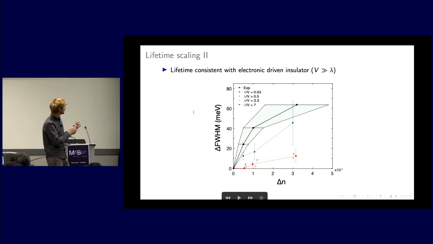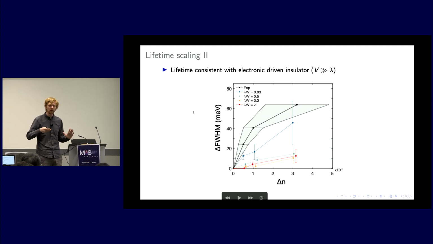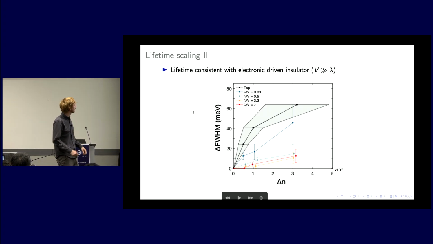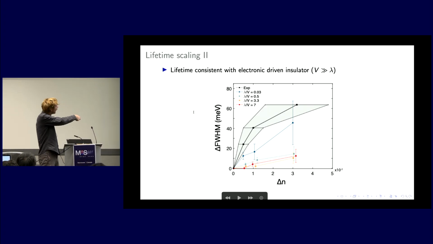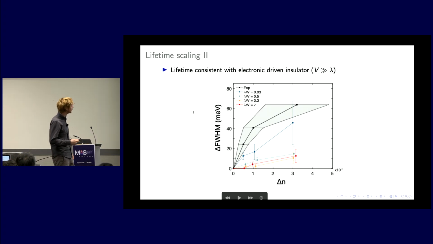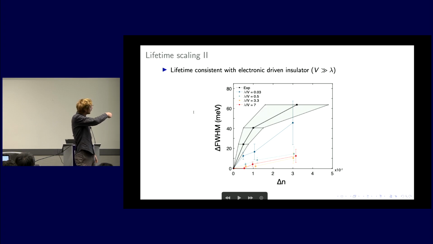Good. Then we come to the main plot of this talk. We can now try to be really quantitative. How do we estimate the quantitative ratio between the electronic and the lattice scatterings? On the x-axis, I plot the amount of photodoping. On the y-axis, I plot the change in the full width at half maximum of a quasiparticle. In the theory, I can change the ratio between the electronic and lattice interaction.